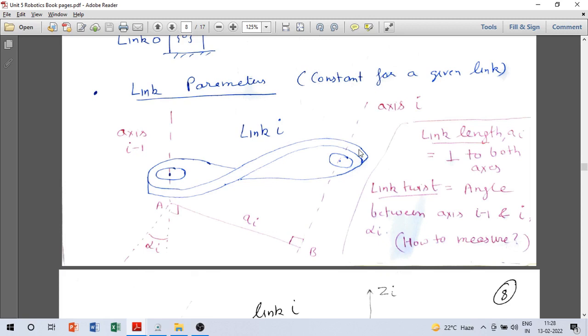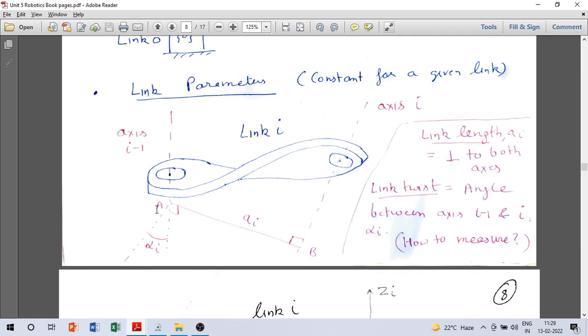Now based on this, how is link length described? Link length is called a_i. That is the notation used. It is the perpendicular distance between both of these axes. You have axis i minus 1 and axis i. Draw a common perpendicular.